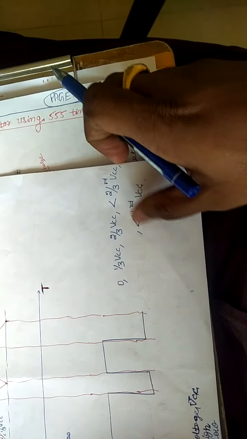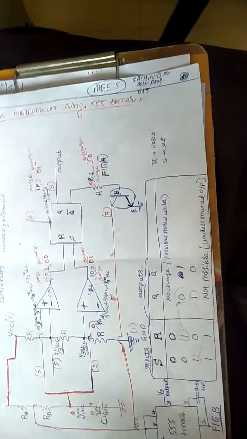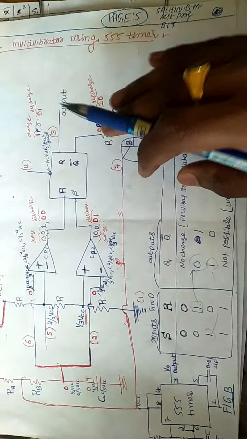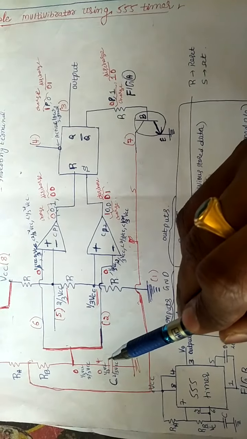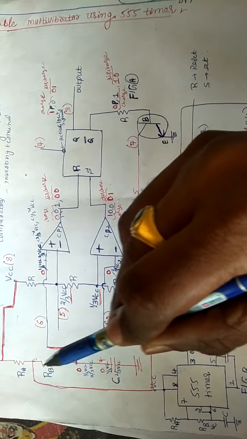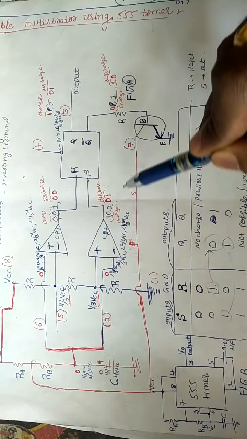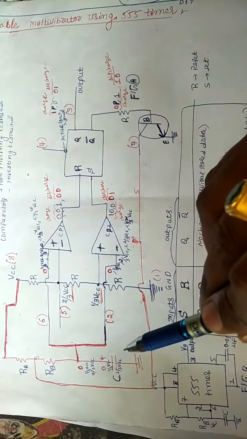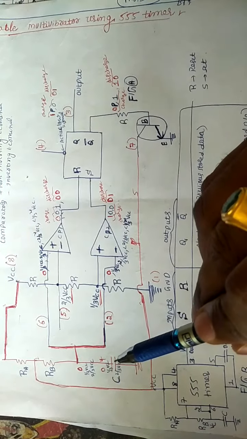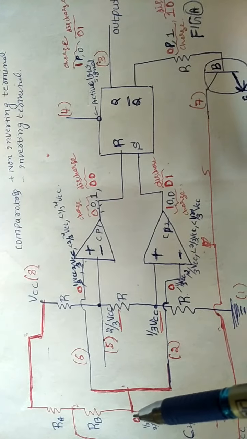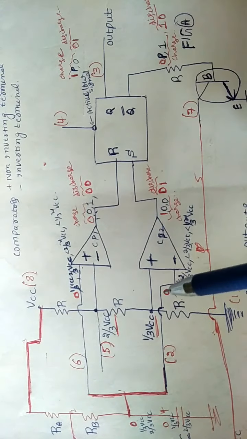Okay, so initially I'll assume that the capacitor is discharged through this path, through RB, through the collector, and it has been grounded. Means the voltage across the capacitor is 0. If it is 0, the voltage at this junction is 0, then 0 will appear here.